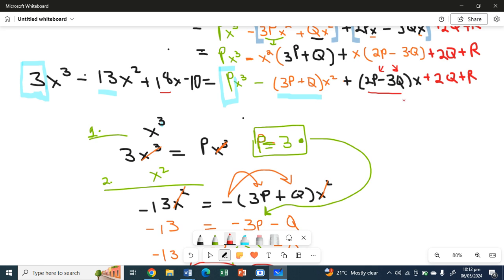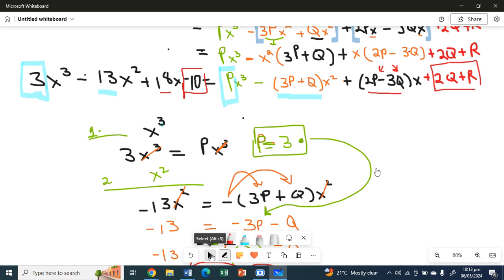What we are looking for is the value of r. So we're going to equate now the constants, anything without an x variable. On this side, our constant is negative 10. On this other side, our constant is 2q plus r. When you're equating the constants, it's anything that doesn't have the x variable attached to it. If you see another letter, include it.